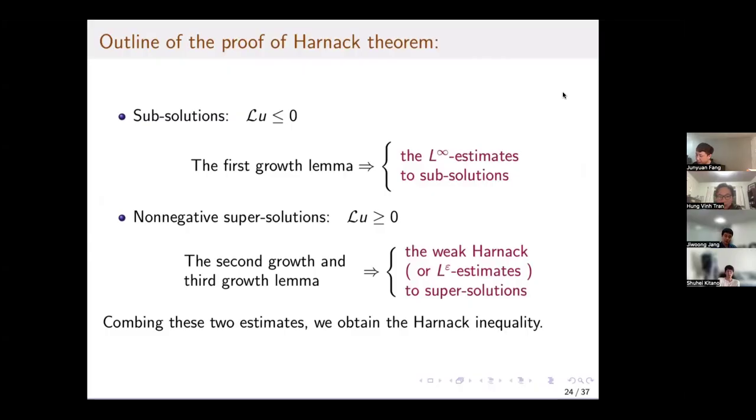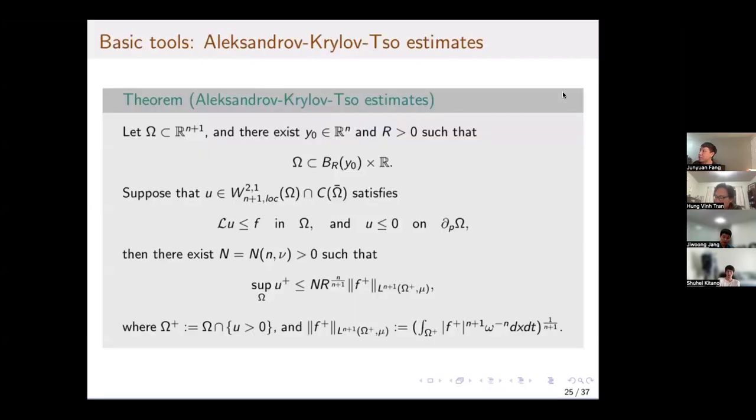So for this slide, I just say in our paper, we didn't try to derive the weak Harnack, but the idea is similar. So I basically introduce the Galois lemmas. Here is the basic tool we use in our proof.